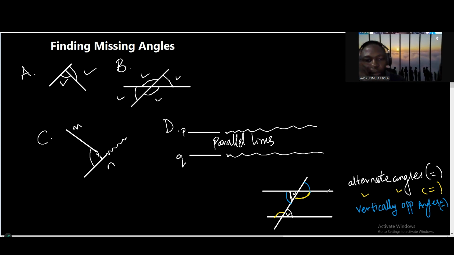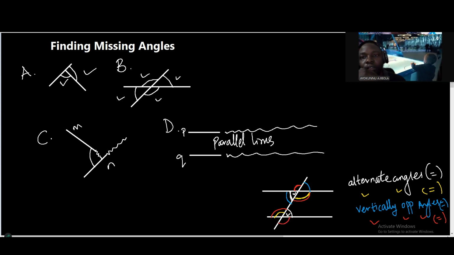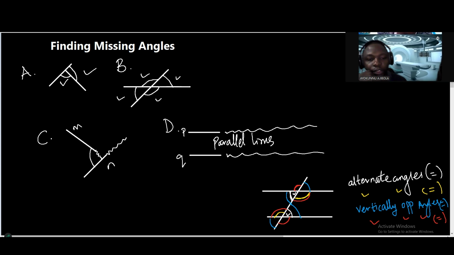The same thing with the angles here and here. They are also vertically opposite angles and they are equal. So if you see this place and this place, you can talk about vertically opposite angles. Then the same thing with this place and this place. You can talk about vertically opposite angles.